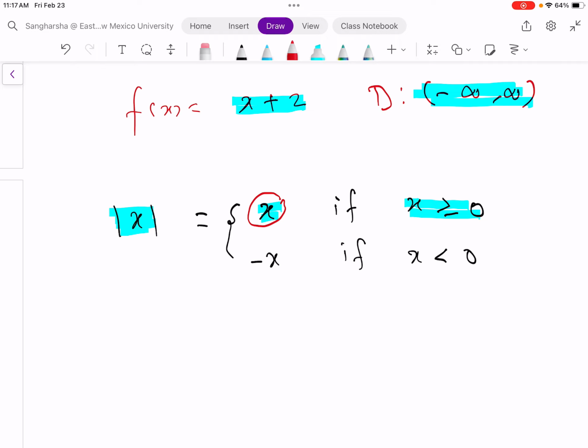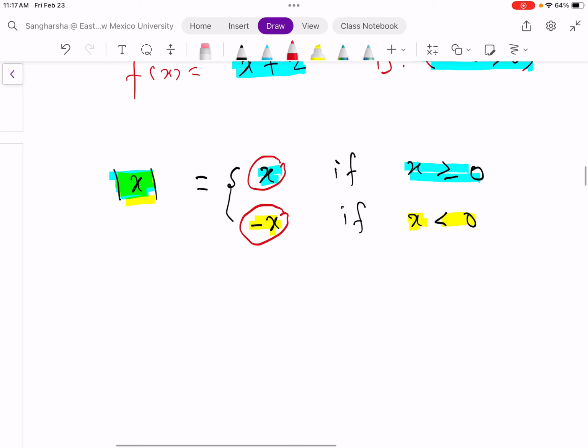Now the same absolute value function has an output of negative x whenever your input x is less than 0. So you have an input, a number which is less than 0. Then in that case, you're going to use this expression to find the output.